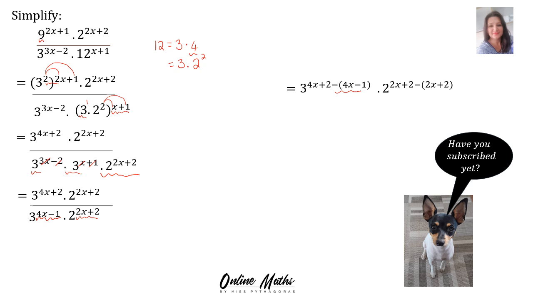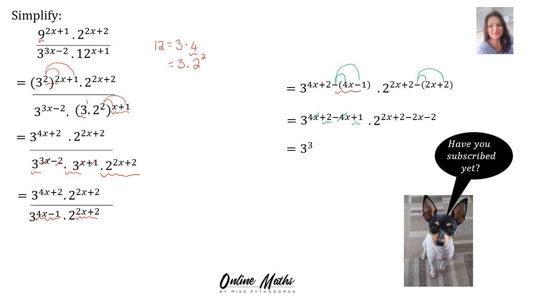Now in the next step we're going to multiply in this minus into both terms. So we end with 3 to the 4x plus 2 minus 4x plus 1 times, and the same here, we're going to multiply in this minus into both terms. So it's times 2 to the 2x plus 2 minus 2x minus 2. And now in terms of base 3 we're going to add exponents. 4x minus 4x is nothing, and 2 plus 1 is 3.